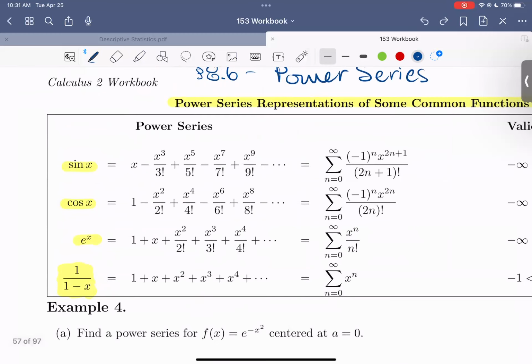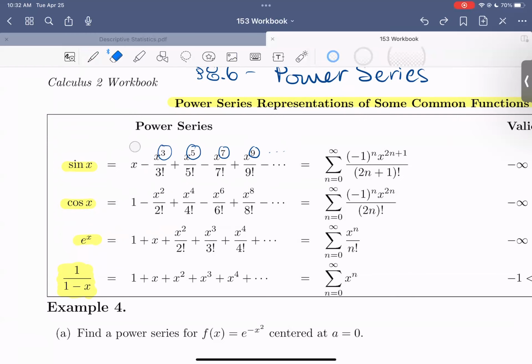We see that all of the degrees on our terms are odd. And we can compare that to the cosine function, where we again alternate plus minus, plus minus, and now all of the degrees on our terms are even. So there's some neat patterns that we can observe across all of these series, or within each series.